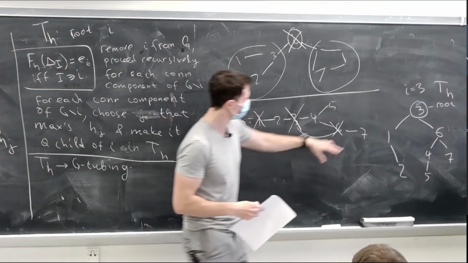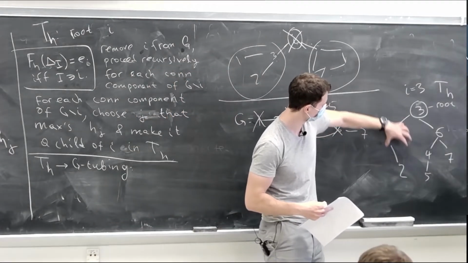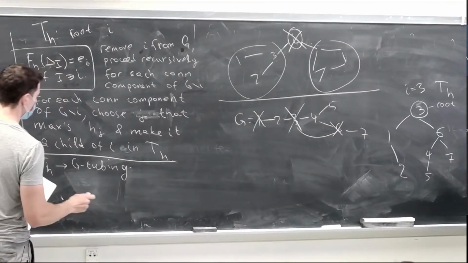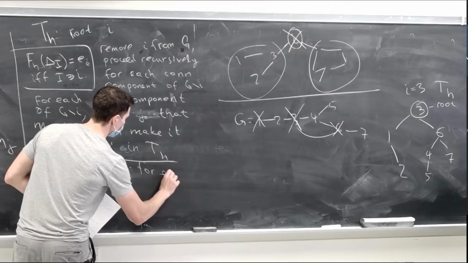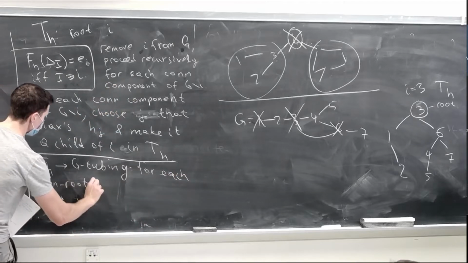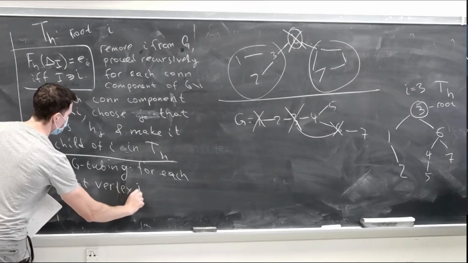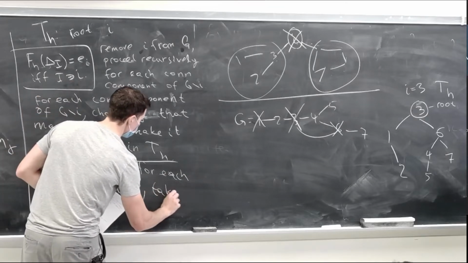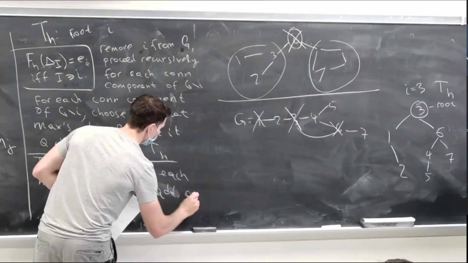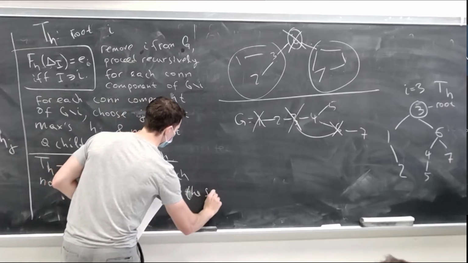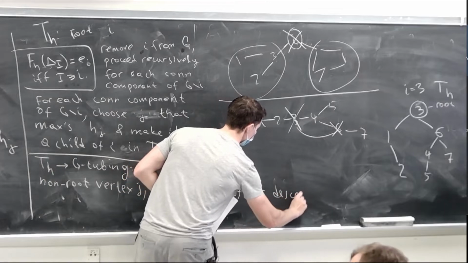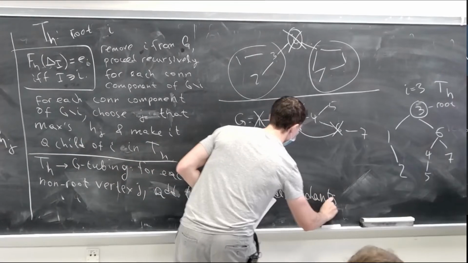For each other vertex, like here for 1, its descendants are going to be 1 and 2, and that's going to be one of my tubes. So for each non-root vertex j, add the set of its descendants to the tubing.